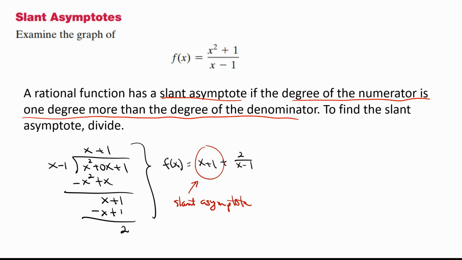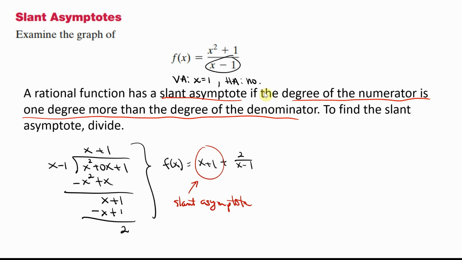Let's say, for example, if you were graphing that, notice that the vertical asymptote is x equal to 1. The horizontal asymptote: the degree of the top is bigger than my degree downstairs, so there's no horizontal asymptote.